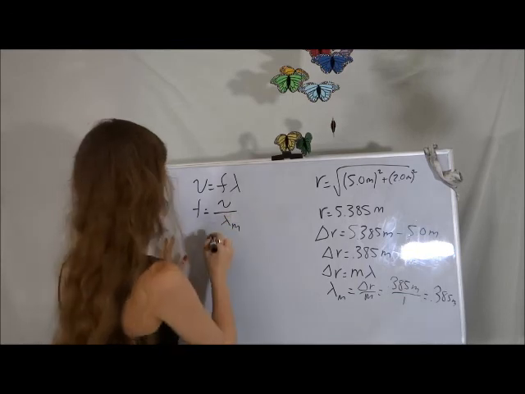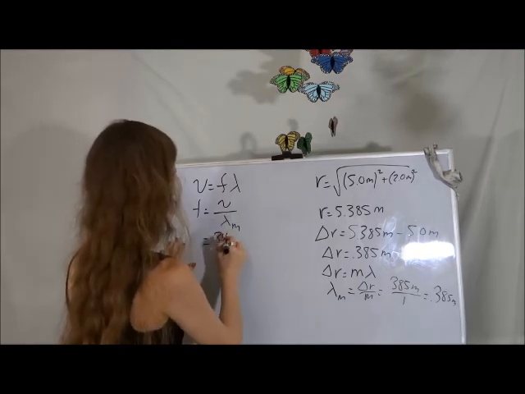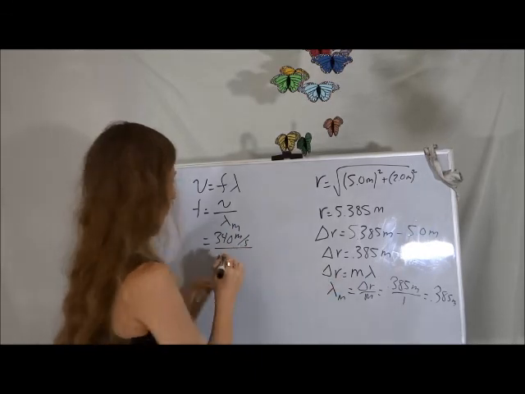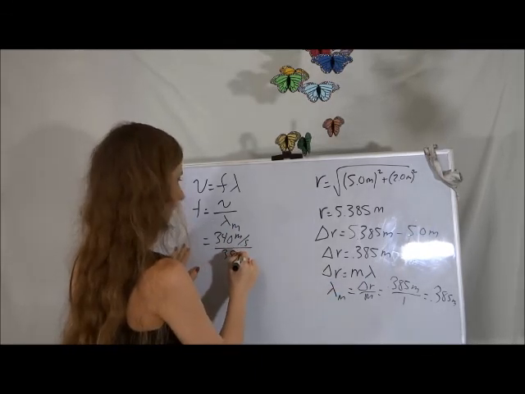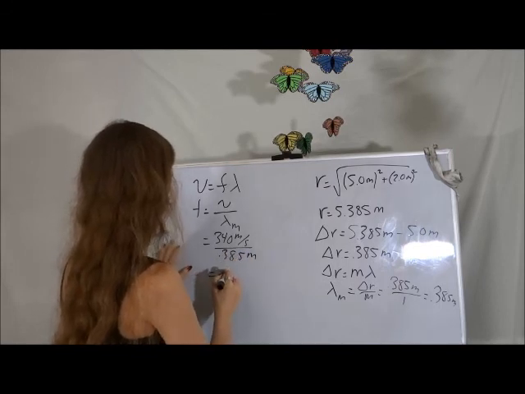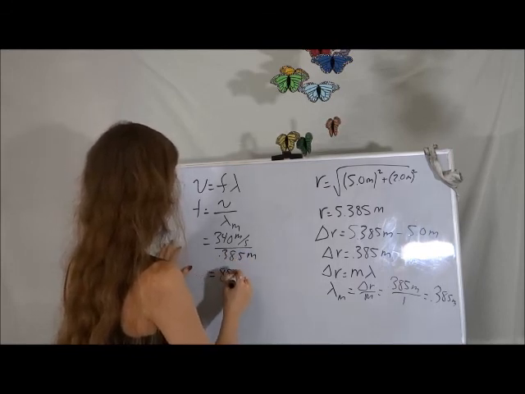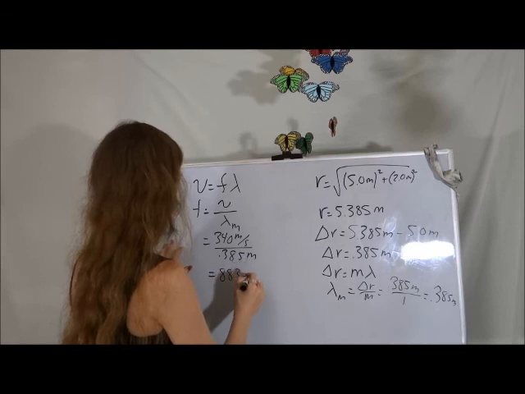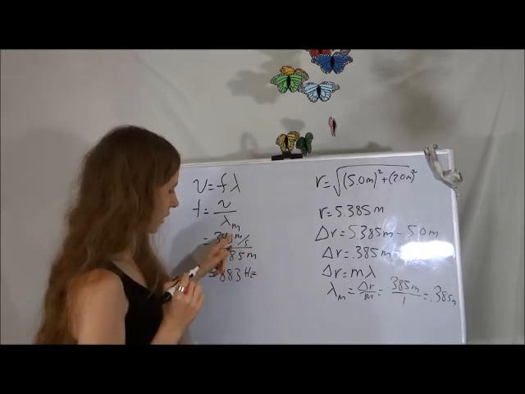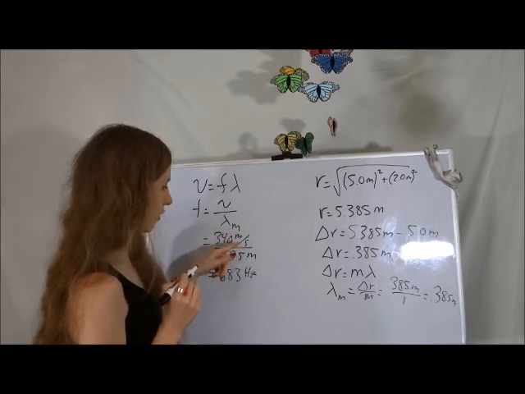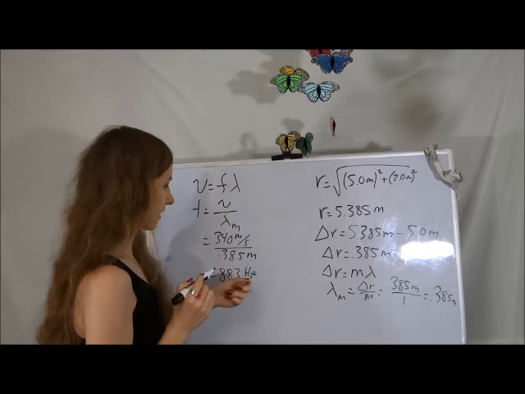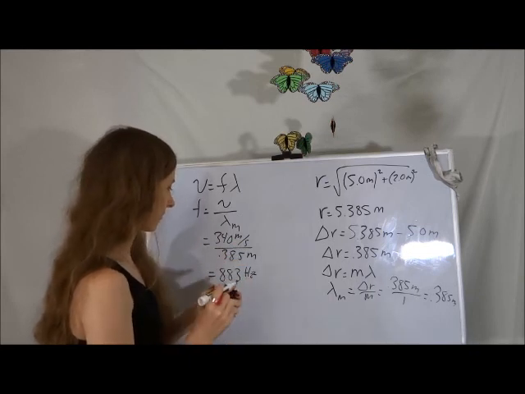Plugging in our values, we have 340 meters per second divided by 0.385 meters. This will work out to be about 883 hertz. Now we have meters here and meters here. Those are going to cancel, so they leave us with 1 over seconds, and 1 over seconds is the same thing as hertz.